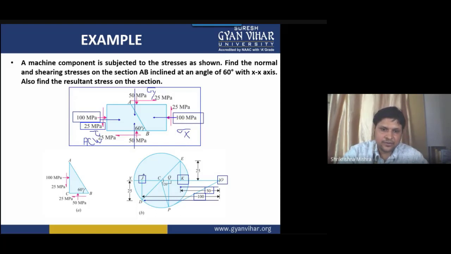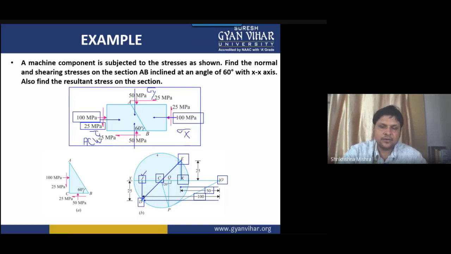The point giving the value of sigma x is J, so from this point J, since it is anti-clockwise, we will draw a vertical line downwards and mark the point D. Opposite to it, at point K, we will draw a vertical line upwards and mark the point E. We will join D to E, and wherever it intersects the horizontal line, we will mark it as C. Taking C as center, we will draw a circle like this.